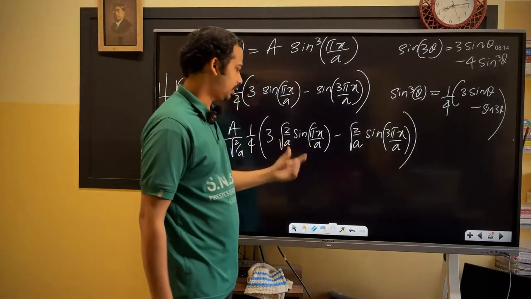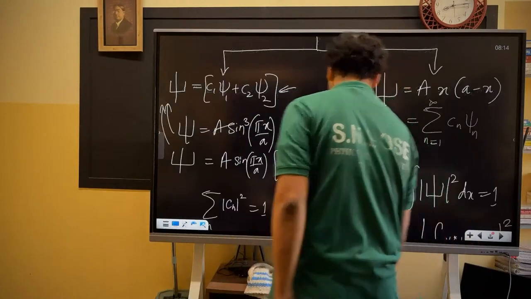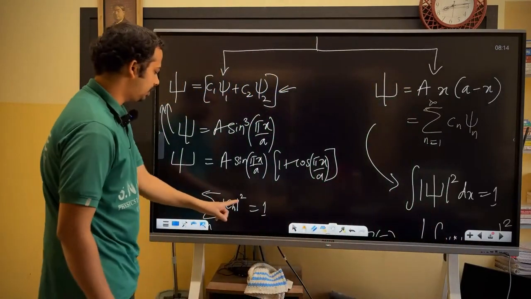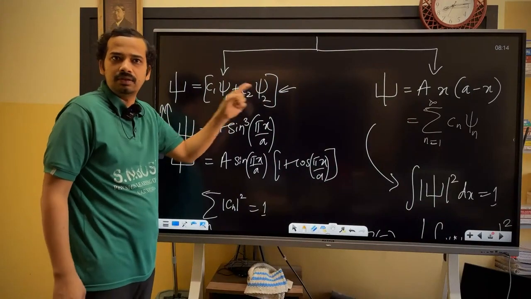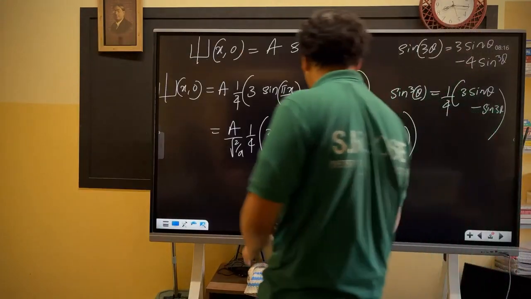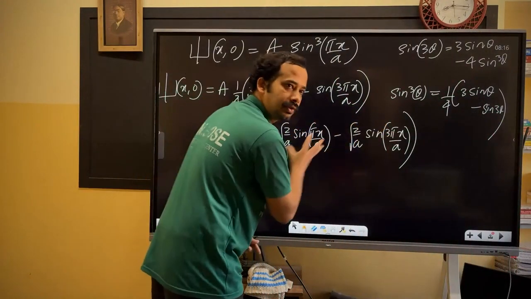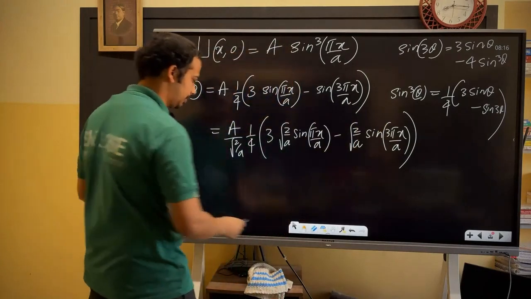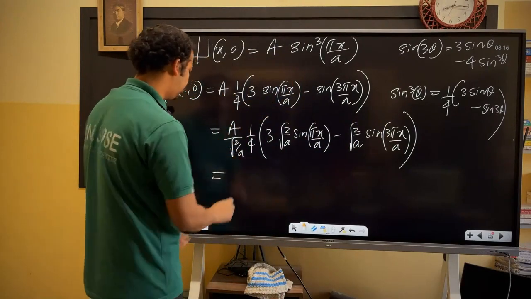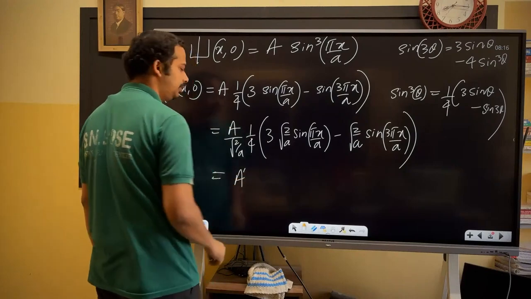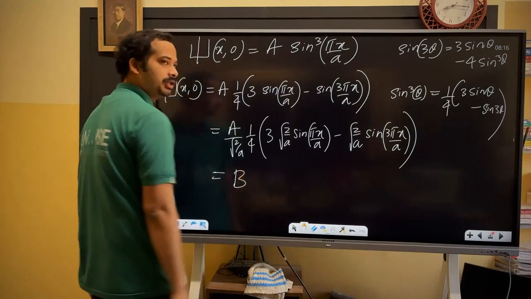Because this way of normalization is right only when psi 1 and psi 3 are individually normalized. So that's why I needed normalized wave functions here. Now root of 2 by a times 1 by 4, everything together, I'll call some constant b.